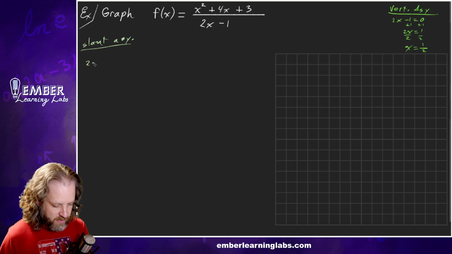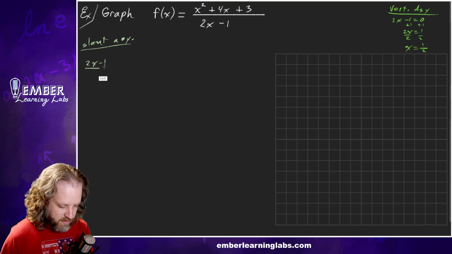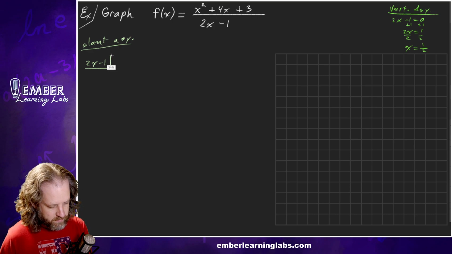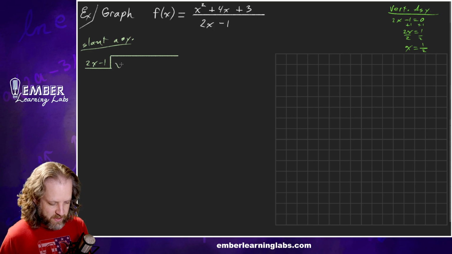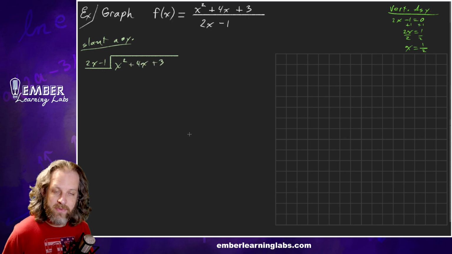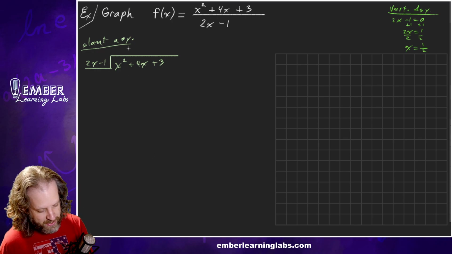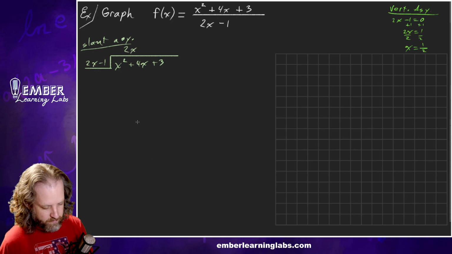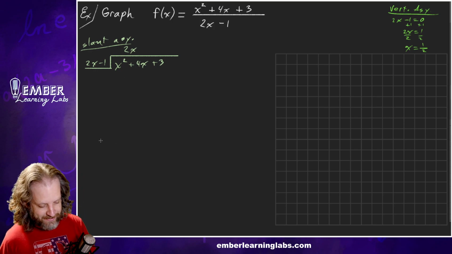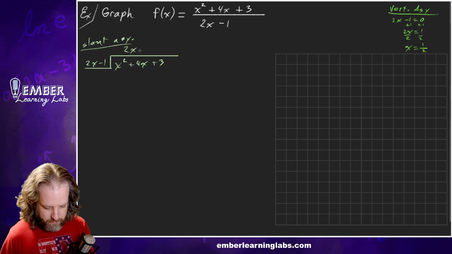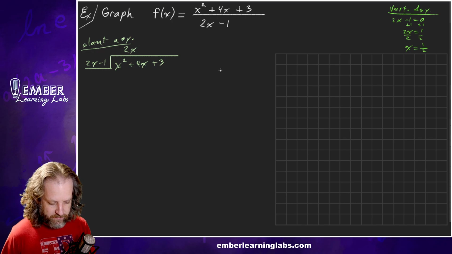So we're going to do 2x minus 1 divided into x squared plus 4x plus 3, right? Do simple division. 2x goes into x squared 2x times. We have a slope of 2, looks like, right?